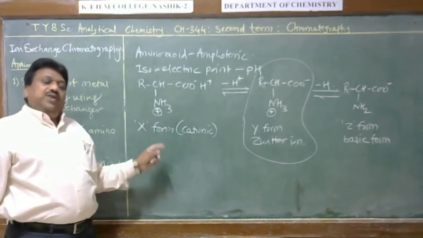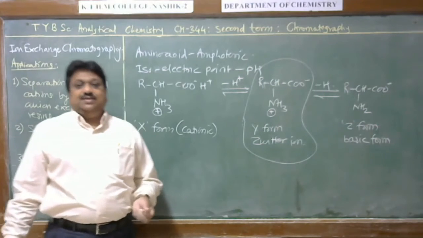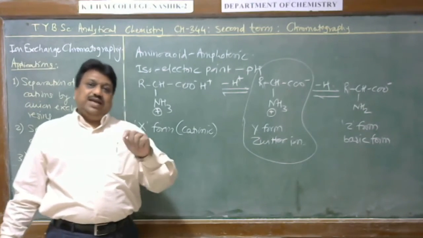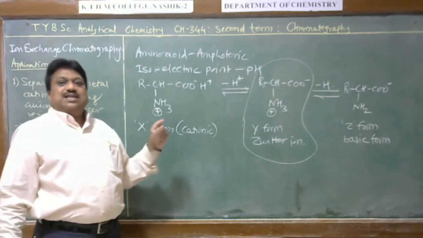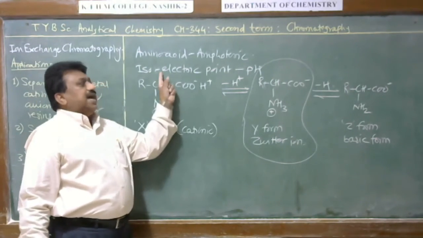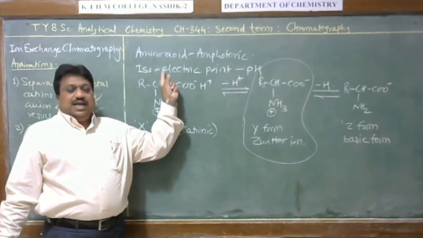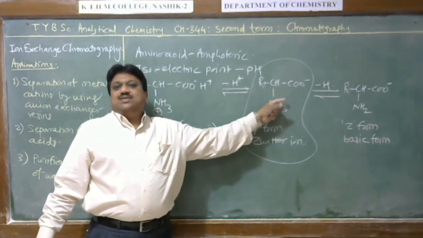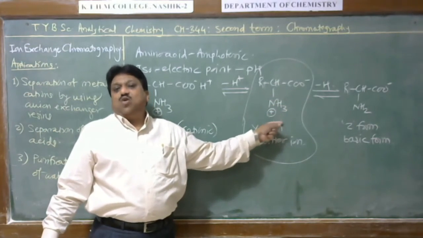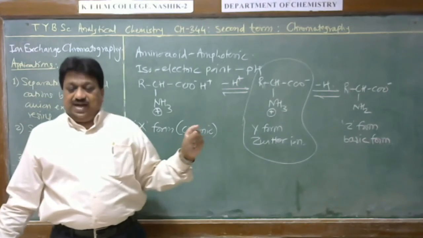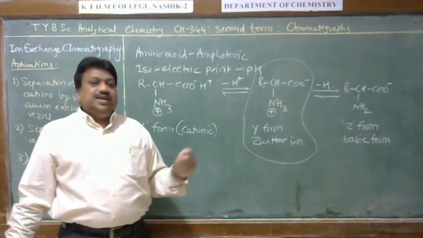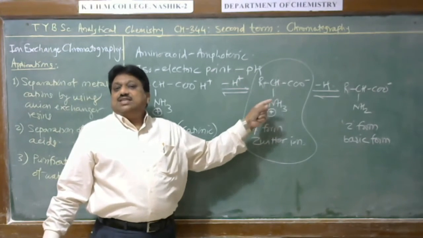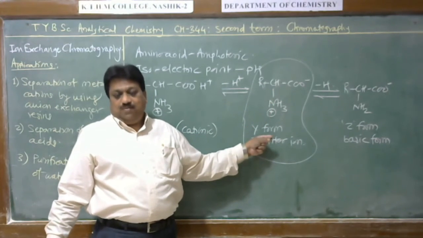Therefore, if we have a mixture of amino acids, all those amino acids are initially treated with H+ ion, and they are separated on the basis of their isoelectric point. That means the amino acids are separated by forming their Zwitter ion form. A pH is identified at which that particular amino acid is converted into the Zwitter ion form.